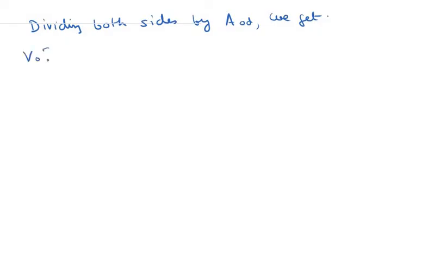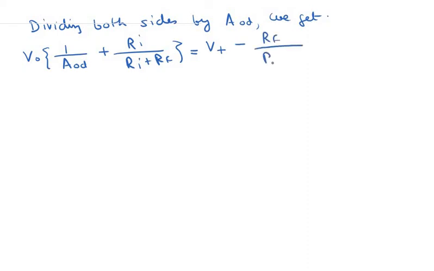So dividing both sides by AOD, we get V0 times 1 divided by AOD plus Ri divided by Ri plus Rf equals V plus minus Rf divided by Ri plus Rf V in.